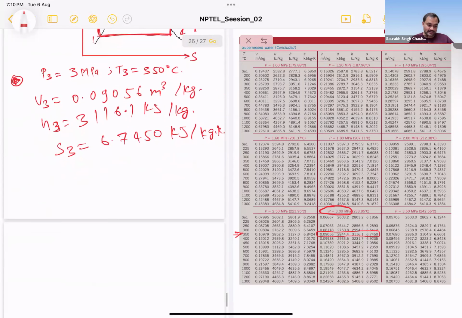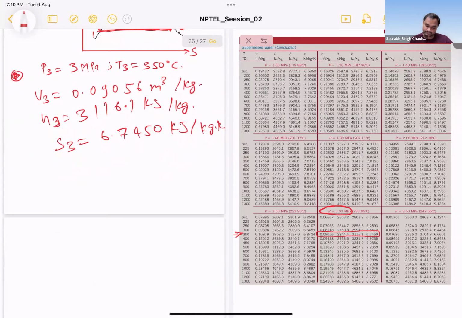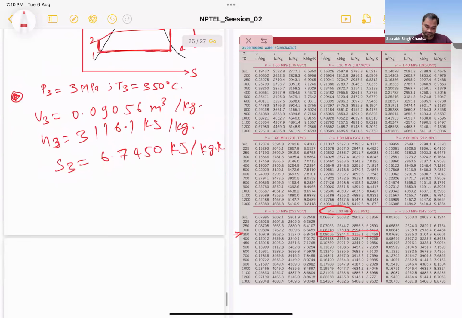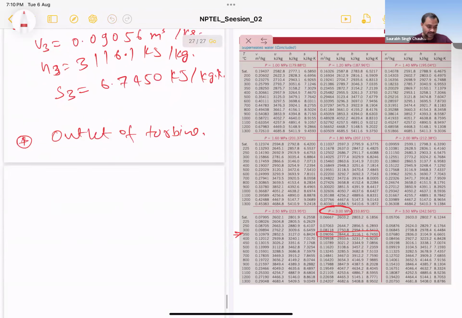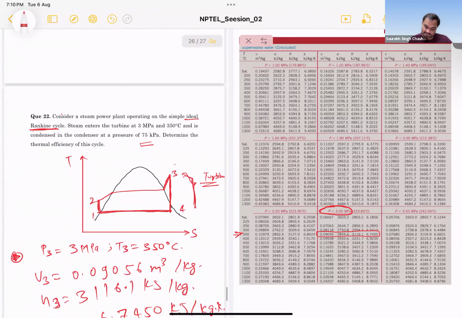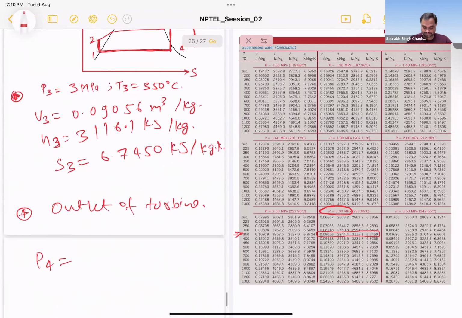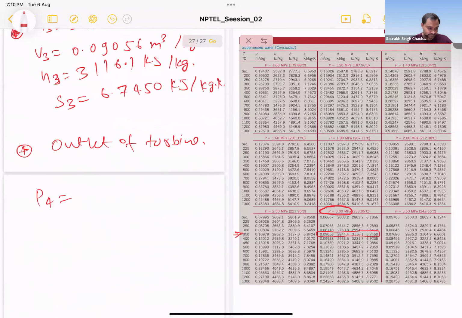So now we need to find the values at point 4, outlet of turbine. So what is given at point 4? P4 is given. How much is it? It is given as 75 kilopascal.